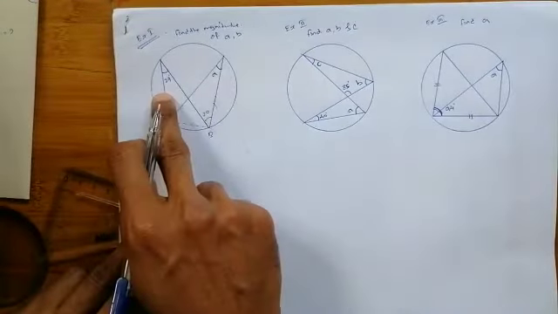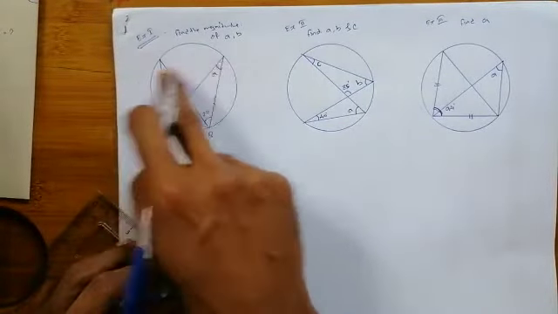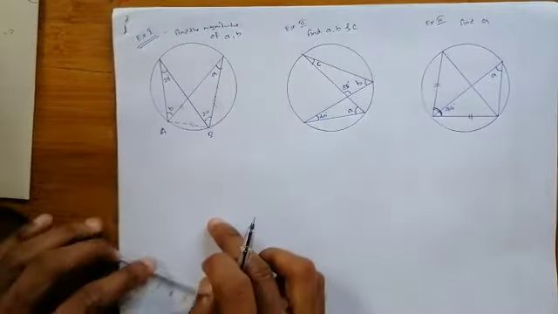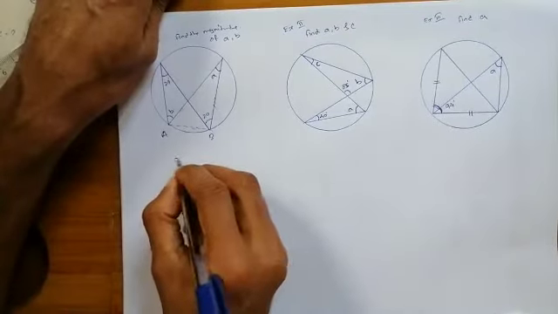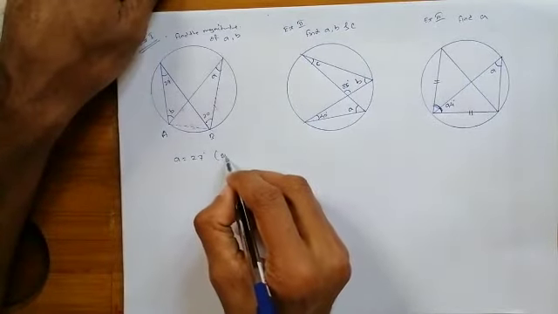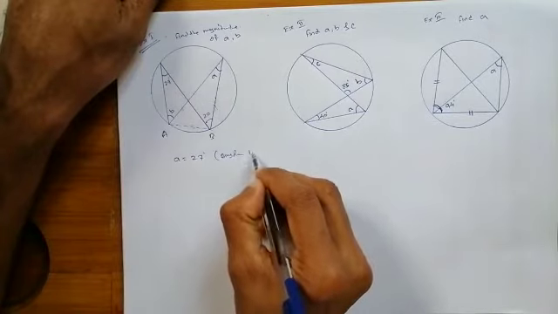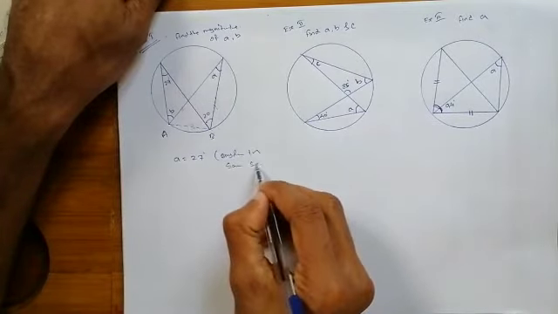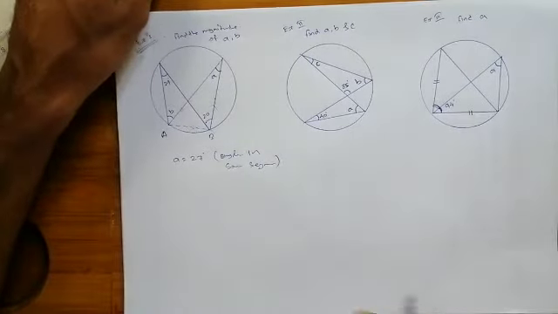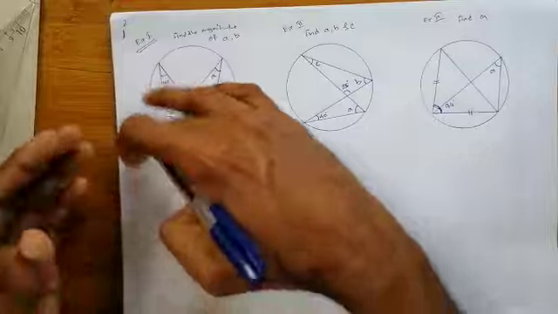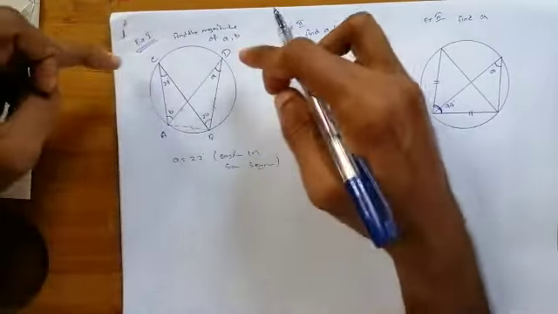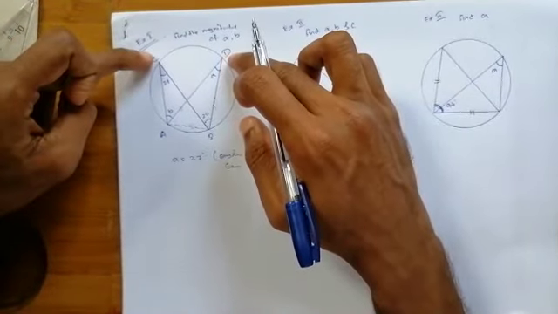So a and 27 are same segment angles because arc AB creates the angle. So a is equal to 27. The reason is angles in the same segment. Likewise, if you rotate the figure, consider arc CD.